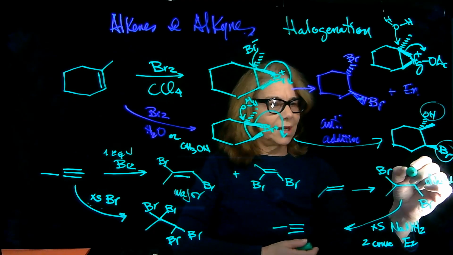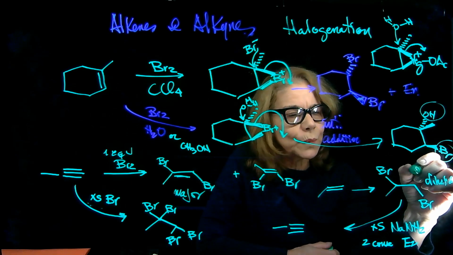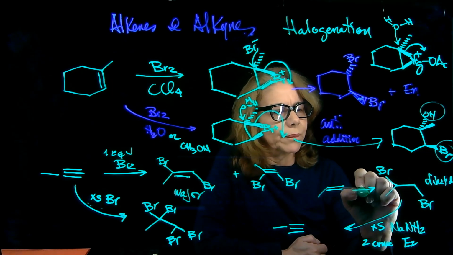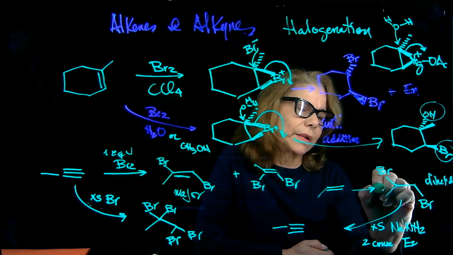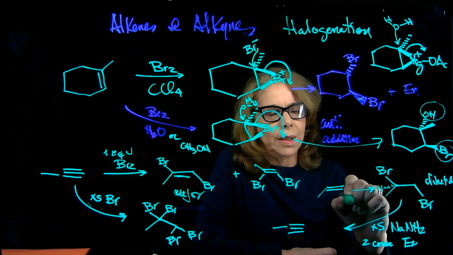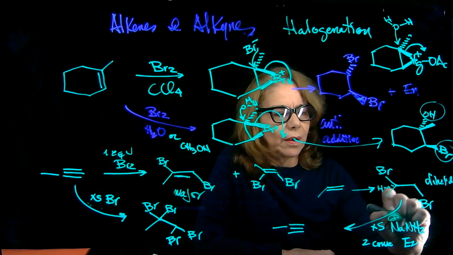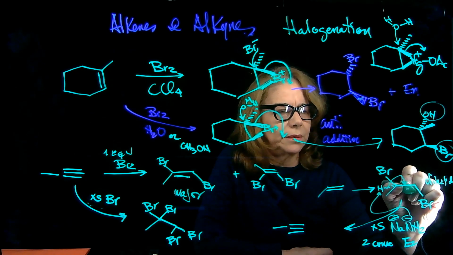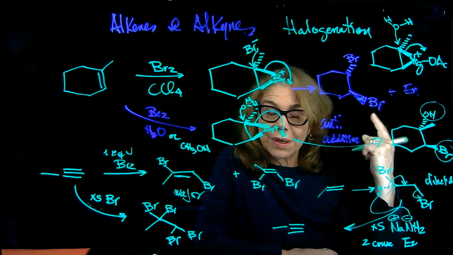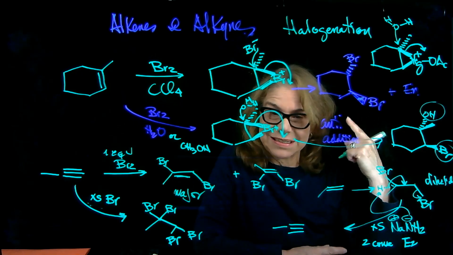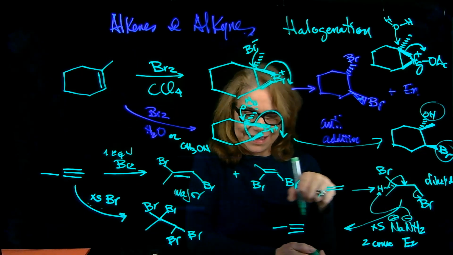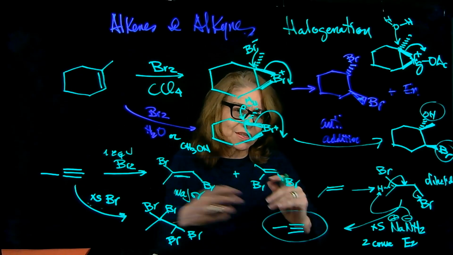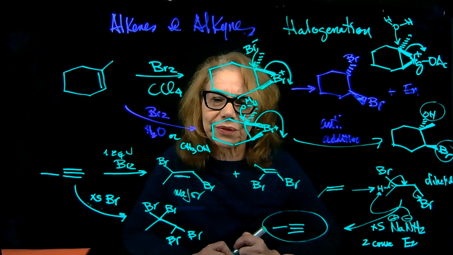So in excess, and for example, you're going to have an H here. And then that base, just 1 E2 mechanism. Get in that, form a double bond, that will depart. And that's 1 elimination, and you need to do a second one that will form the alkyne. So when you do that in excess of sodium amide, you get an alkyne. So this is how we are connecting all those reactions.